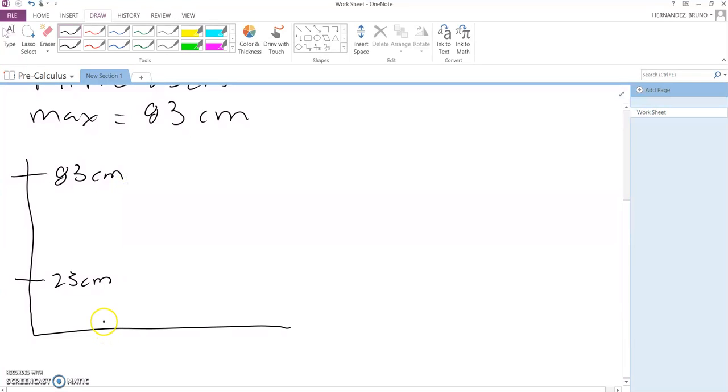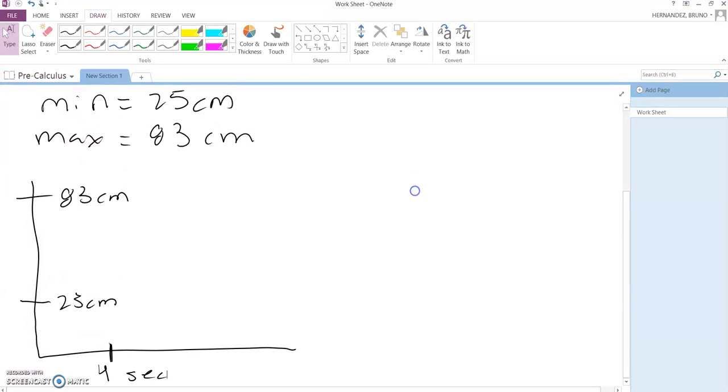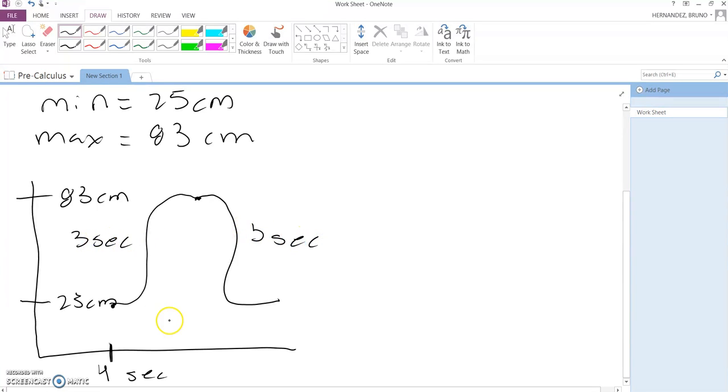Our starting point is at 4 seconds, and at 3 seconds later, it's a maximum. Now for us to go back to our minimum, we will have to do another 3 seconds. So it's 3 seconds plus 3 seconds, which indicates our period equals 6 seconds.